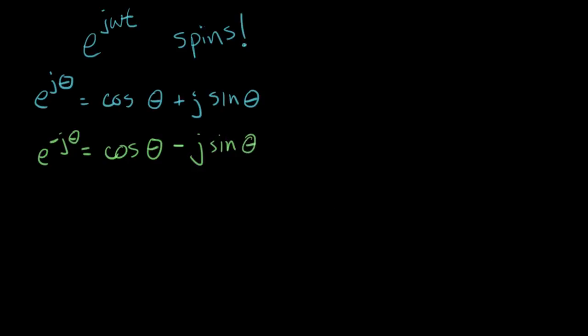Now if I go and plot this, what it looks like is this. So if I plot this on a complex plane, and that's a plane that has a real axis and an imaginary axis. Now we remember that j is the variable that we use for the imaginary unit. J squared is equal to -1, and we use that in electrical engineering instead of i.